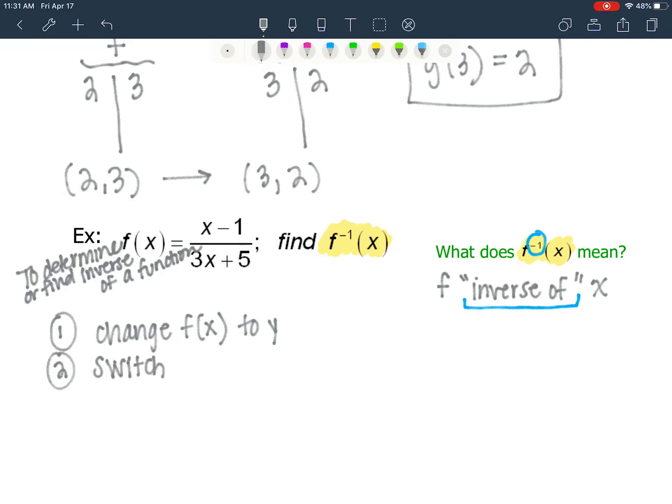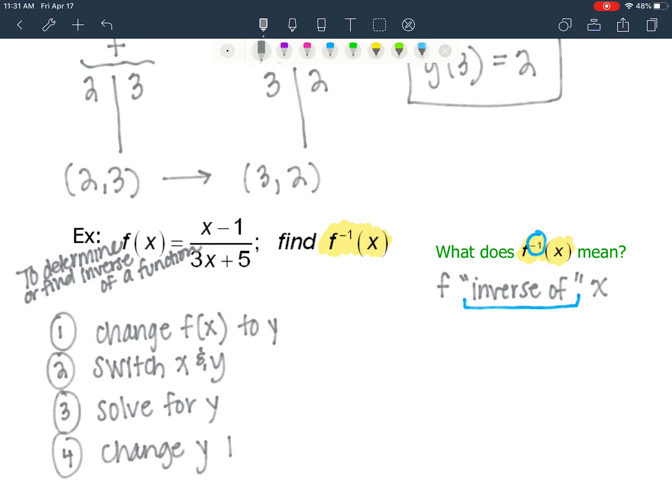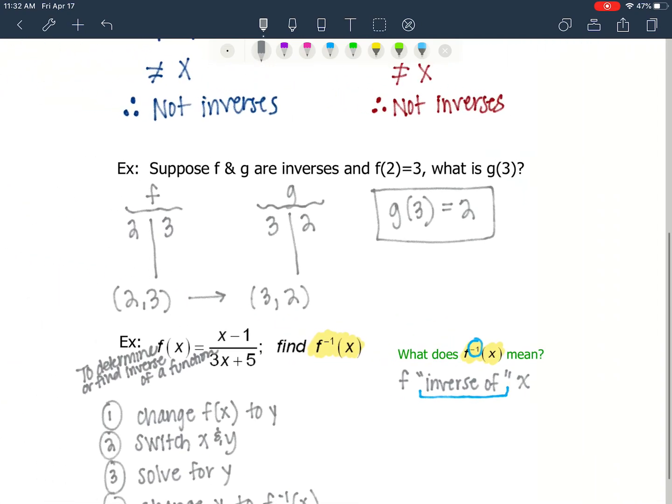We're going to switch x and y. Then we're going to solve for y. And then we're going to change y to f inverse of x. So we're going to take these steps and apply them in the next problem.